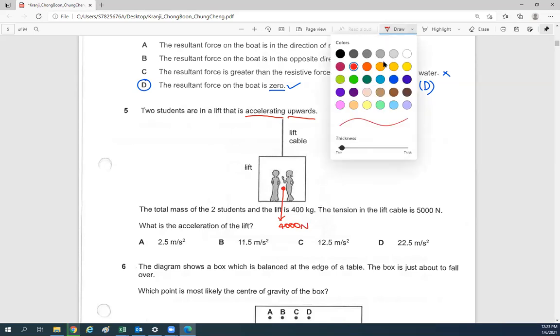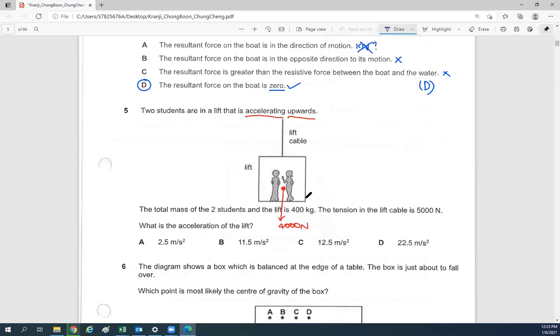Anyone here needs to know why or how I got 4,000 Newton? Please ask. Okay, so I assume you all know this one times 10, to get the downward force.